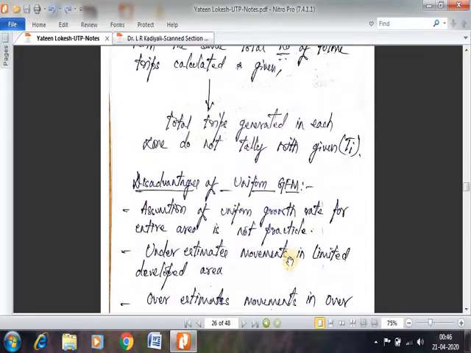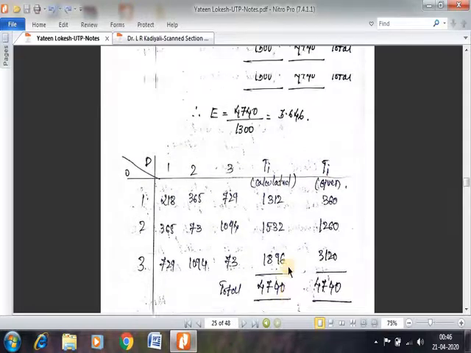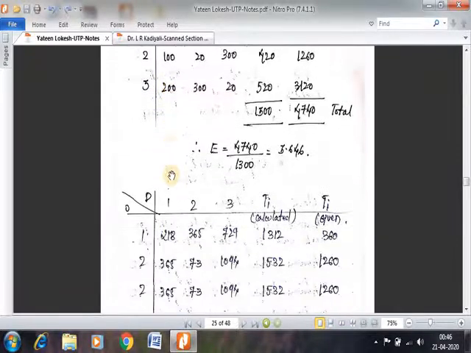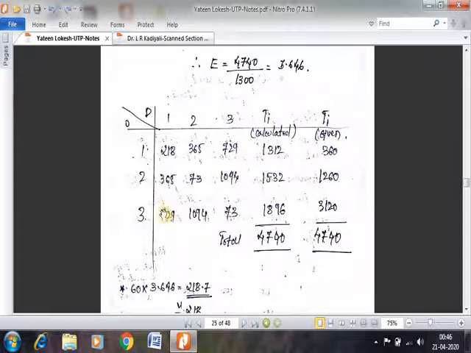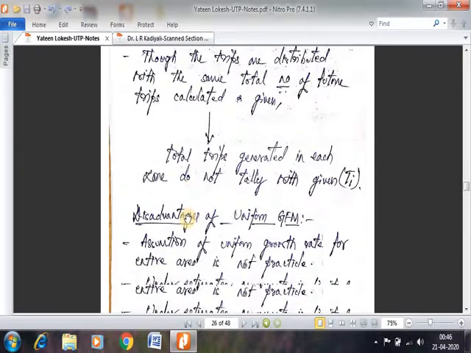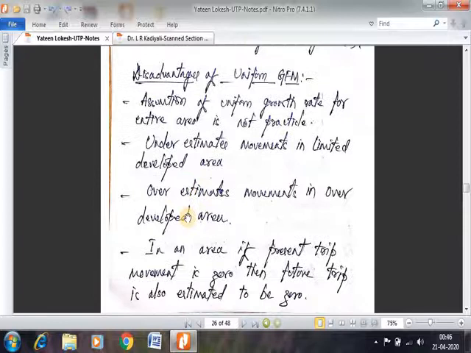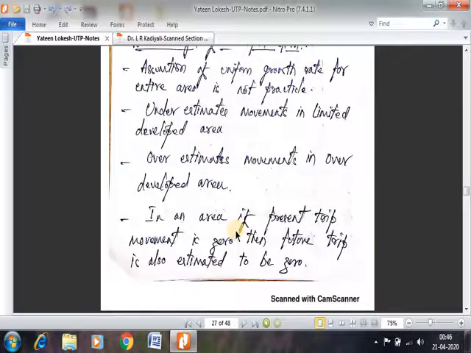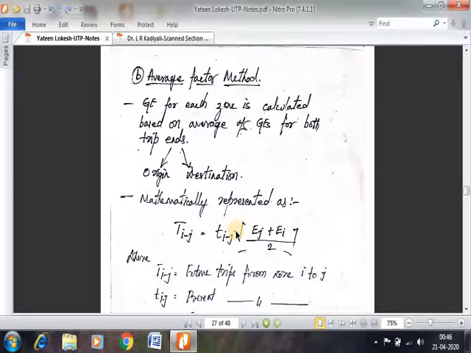Now that would be like, if you had 0 trips here, then in future even this would be 0. So that kind of situation will be seen when you use this uniform growth factor method, which is again a disadvantage.